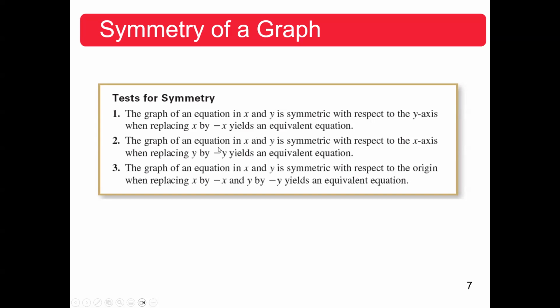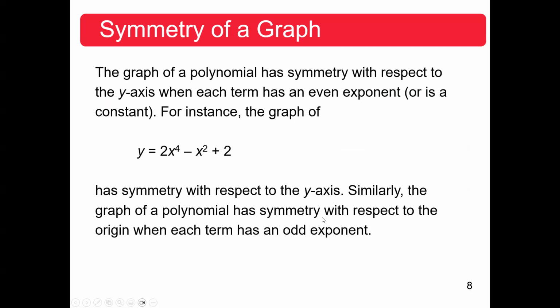Also, the graph of an equation in x and y is symmetric with respect to the x-axis when replacing y by -y yields an equivalent equation. The graph is also symmetric with respect to the origin when replacing x by -x and y by -y yields an equivalent equation.